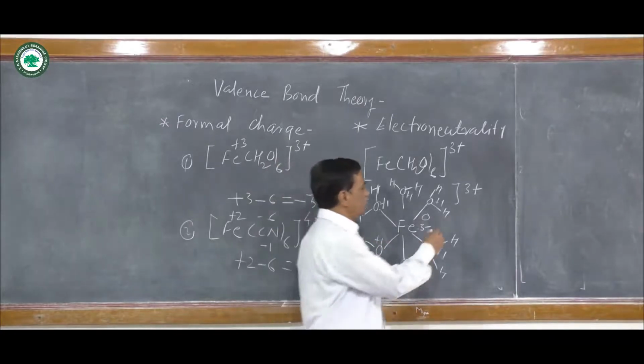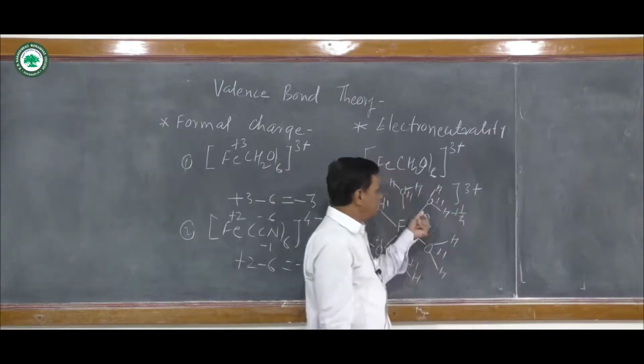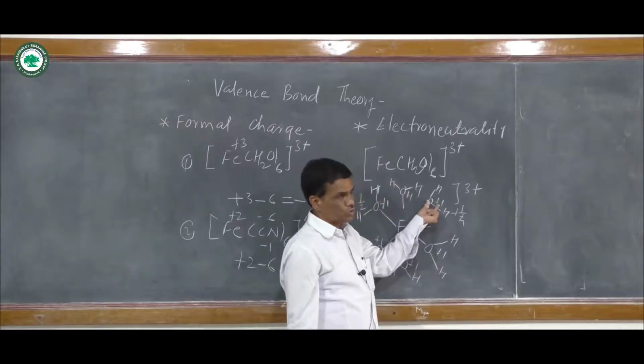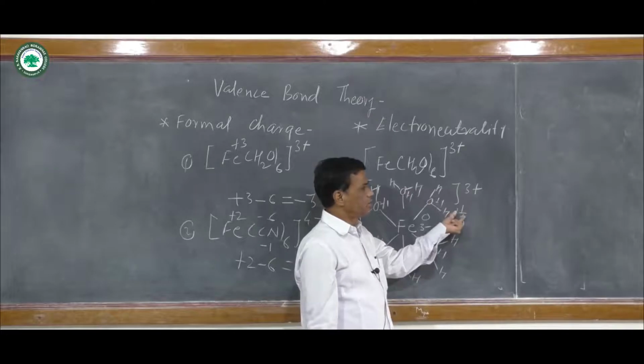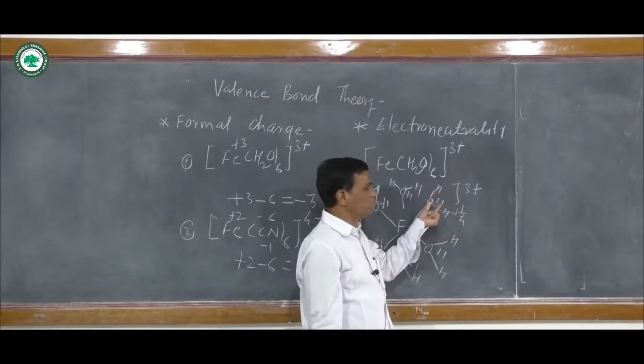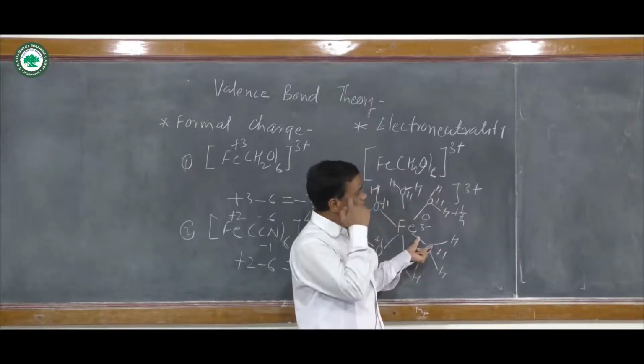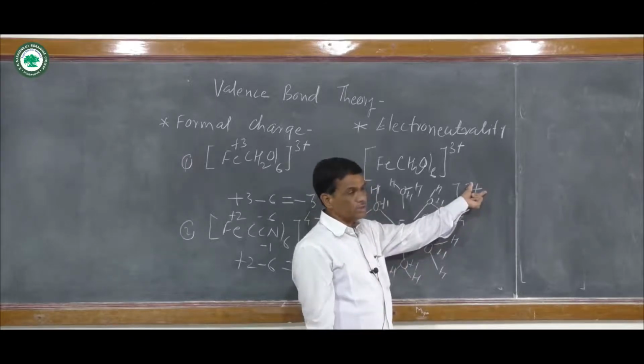When the charge on hydrogen is plus 1/4, at that time the charge on this oxygen is equal to plus 1 half. Here 1/4 plus 1/4 is equal to 1 half, then 6 times 1 half is equal to plus 3, and that is a plus 3 charge.